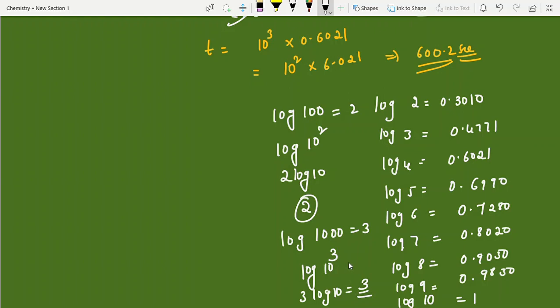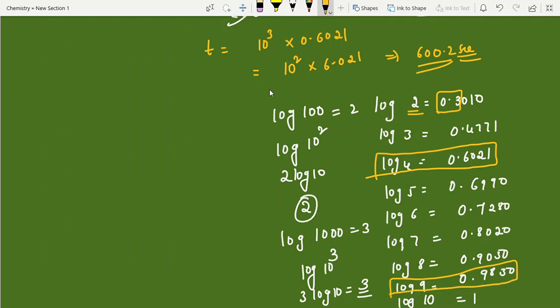See, students, I said one shortcut, I will give it to you. Suppose you need the log 2 value, just take the next number, 0.3. That's it. With these 2 digits also you'll get a near answer, no problem. There are only 2 exceptions here. In the remaining cases you can apply the same shortcut.